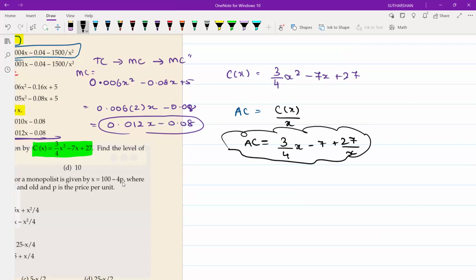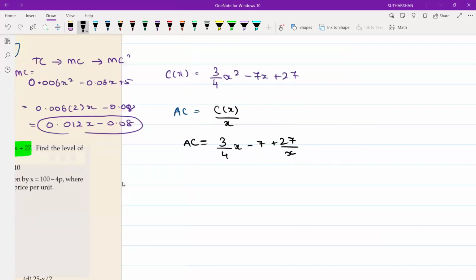Then in the same equation, I need to find the marginal cost. Marginal cost is nothing but the differentiation of total cost divided by dx.